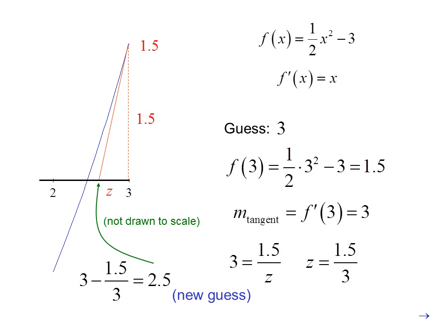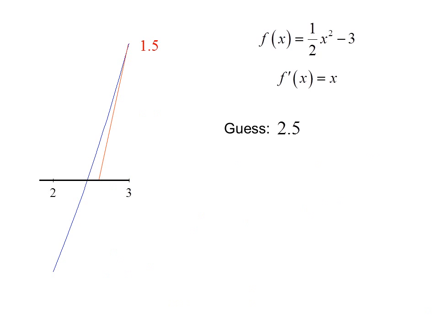So now my new guess is 2.5. F of 2.5 equals 1/2 times 2.5 squared minus 3, or 0.125. So I construct a vertical line and a new tangent. And notice my drawing is not drawn to scale.